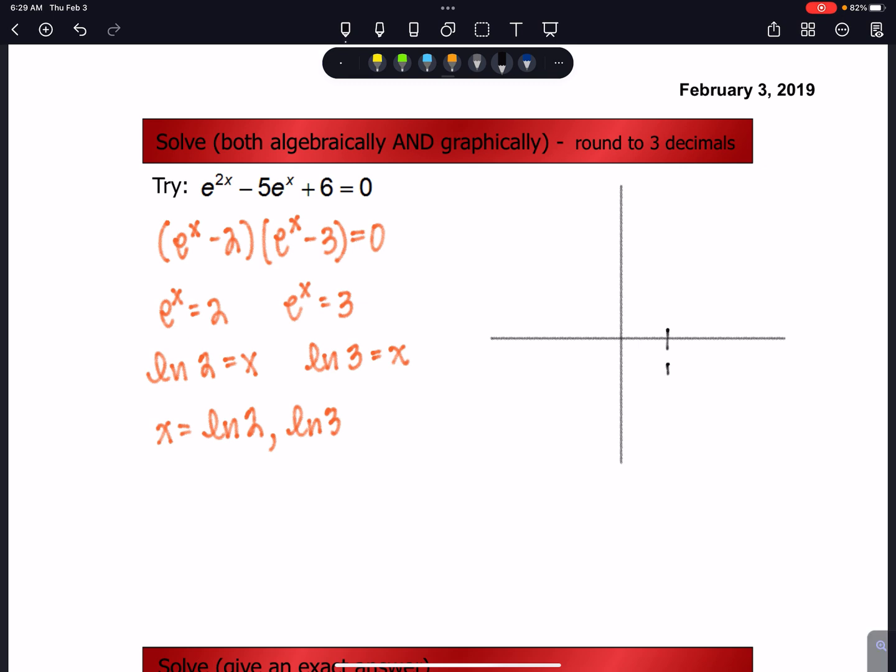I do have faith that you can put this into your calculator. And you should have gotten an x-intercept a little bit past 1/2 and a little bit past 1. And this one comes around like this, and it does something like that.